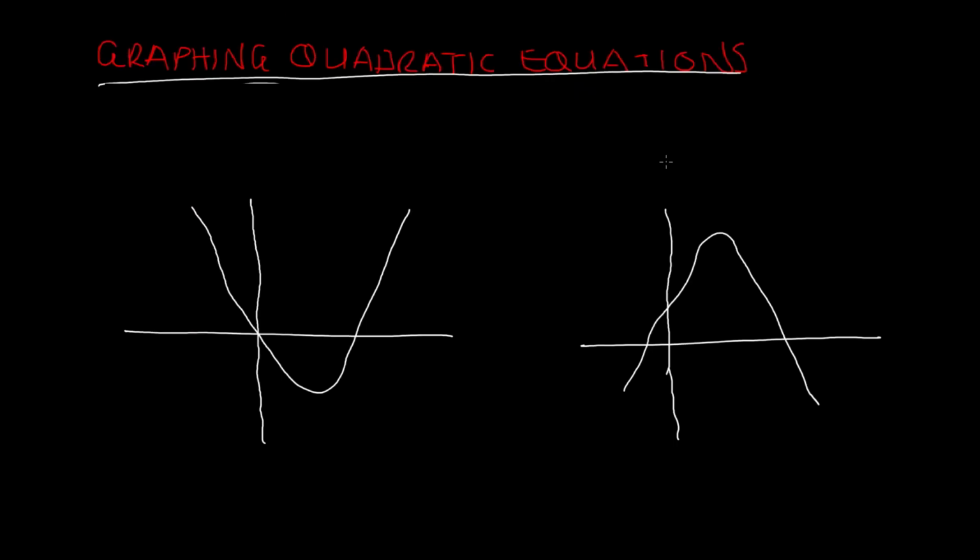So now we continue and look at the graphing of the quadratic equation, still on coordinate geometry. Now, these are shapes of quadratic equations. So you will get them in these 2 formats. Now, you will see that this graph grows this way, and that graph grows that way.